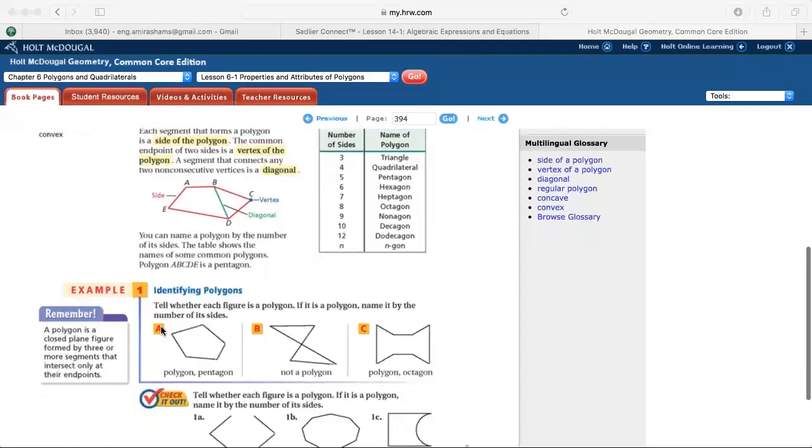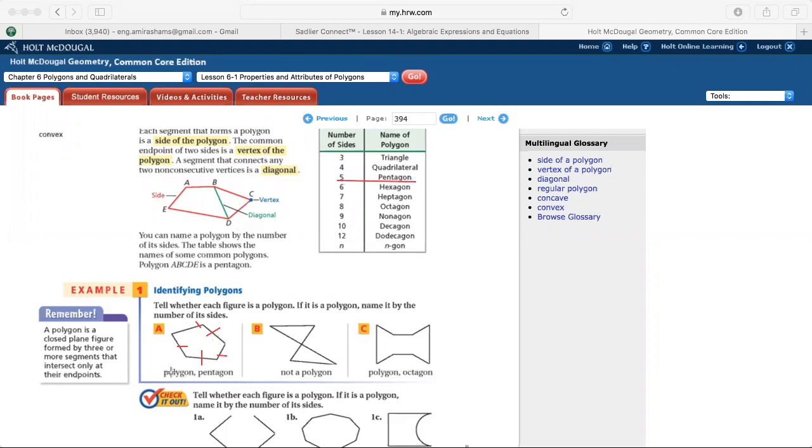So, tell whether each figure is a polygon. If it is a polygon, name it by the number of sides. Okay, this one, yes, it is all sides and it is closed. So let's count. Here I have 1, 2, 3, 4, 5. It is 5 sides. 5 sides is what?